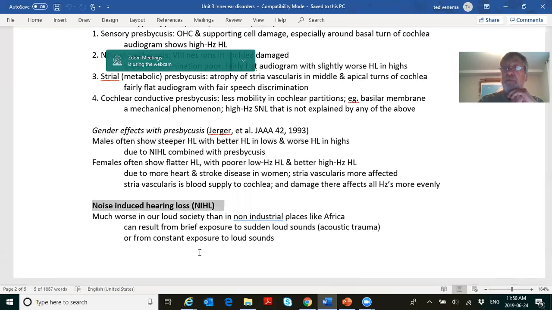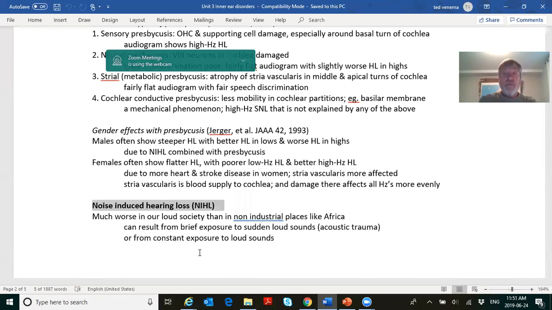Noise-induced. Much worse in our loud society than in non-industrial places like Africa. It can result from brief exposure to sudden loud sounds, like acoustic trauma, or constant exposure to loud sounds. Again, internalize the difference here.